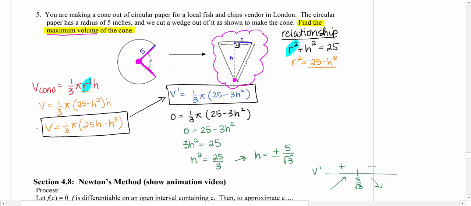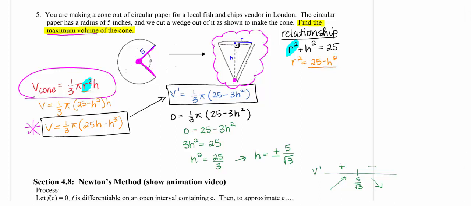So I have to go back to my volume equation and put that height in there. Now, you can go back to the basic volume of a cone, the 1/3 pi r squared h. You can go back to where it's just all in terms of h. It's entirely up to you.